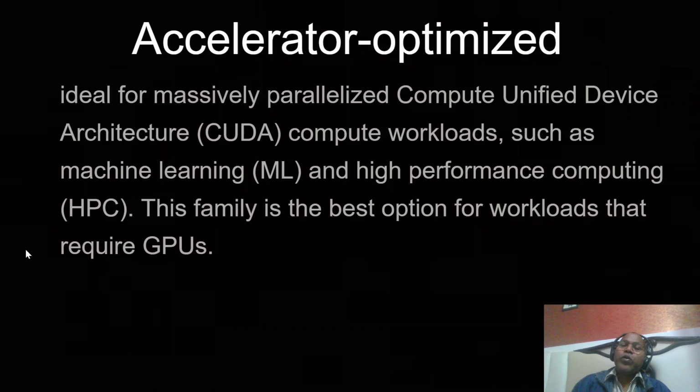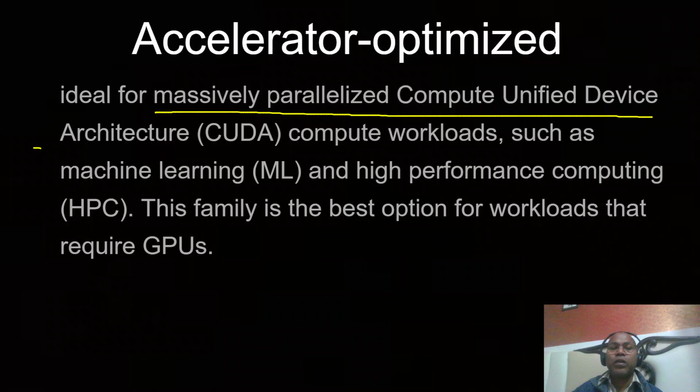And sometimes, nowadays, you want to learn artificial intelligence, machine learning, high performance computing. In those scenarios you are going to need GPUs. We have to attach a GPU, a graphical processing unit. The idea is massively parallel computing, such as CUDA, compute unified device architecture, compute workloads such as machine learning and high performance computing.